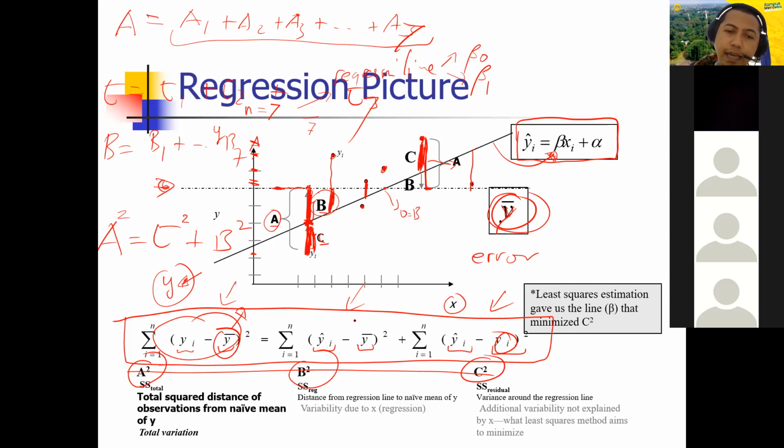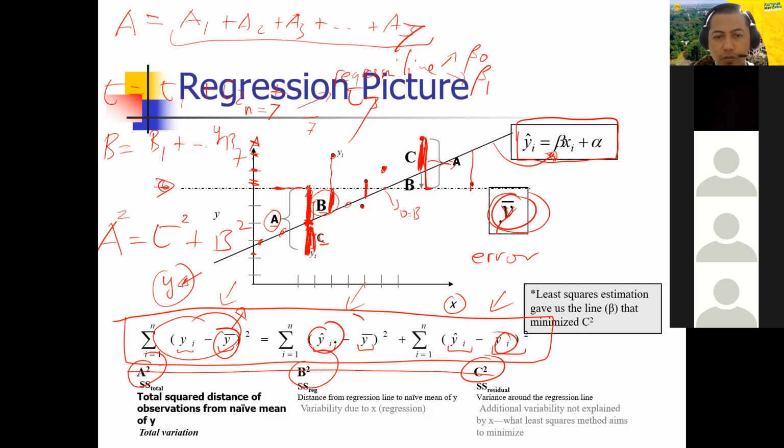baik, ya. Kalau di sini, error di sini really depend on the predictor ya. Kalau dilihat ini Y aksen itu kan Y yang diperoleh dari prediktor.